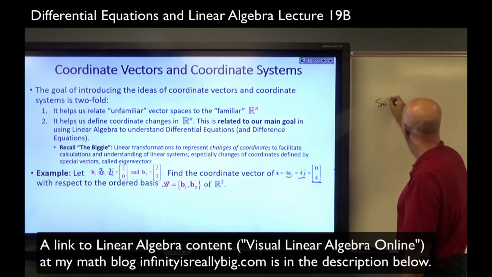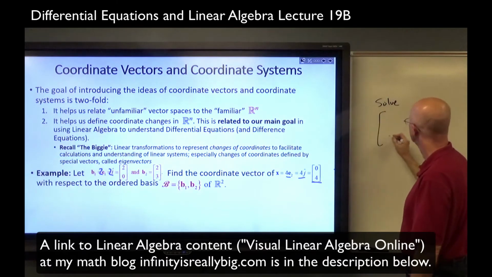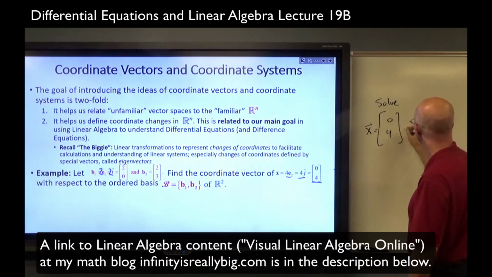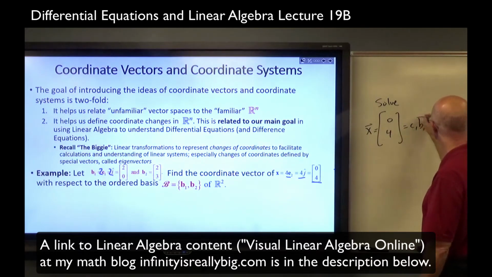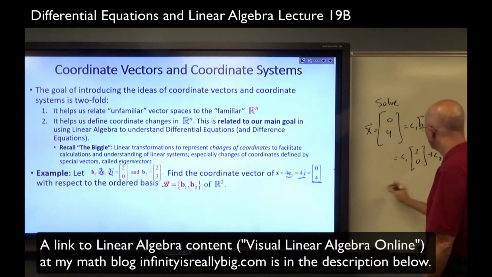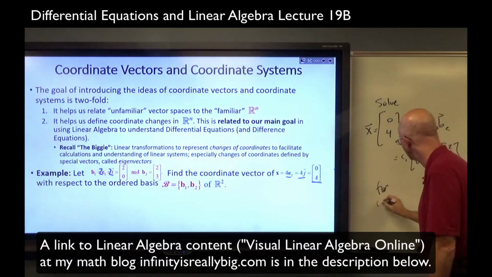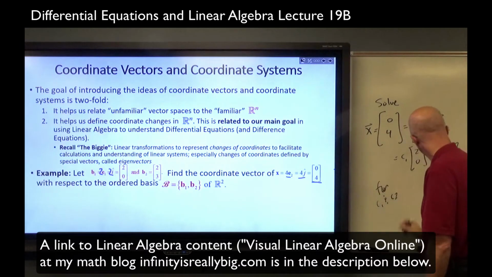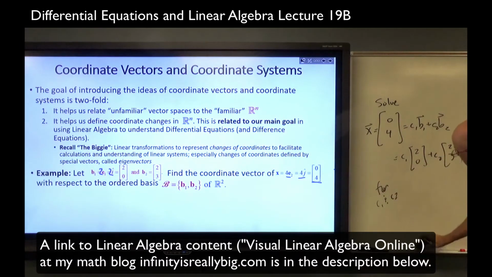We need to solve this equation, x, which is (0, 4), equals C1 B1 plus C2 B2, which is C1 times (2, 0) plus C2 times (2, 3), for C1 and C2. Sorry if it's out of the range of the camera here. But hey, this is nothing.